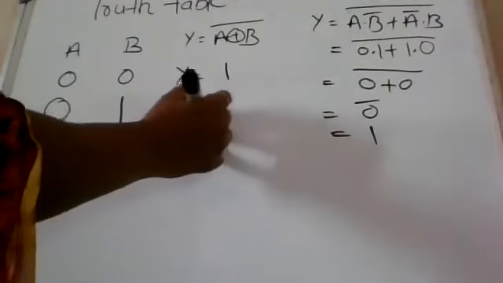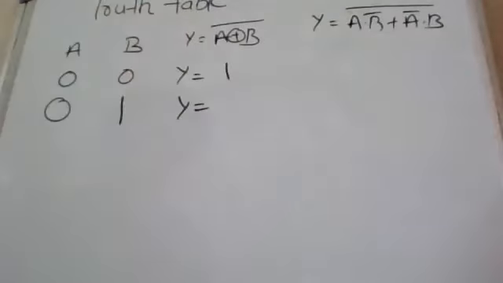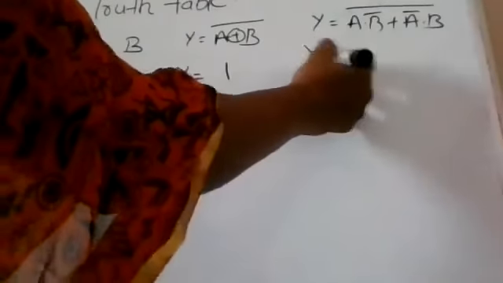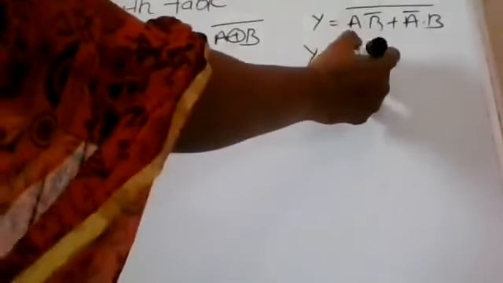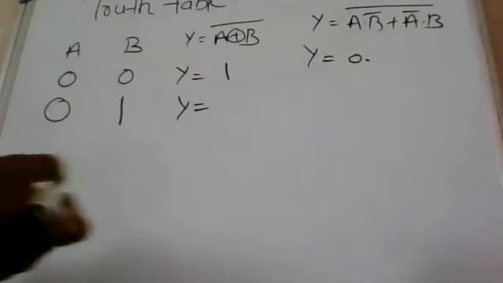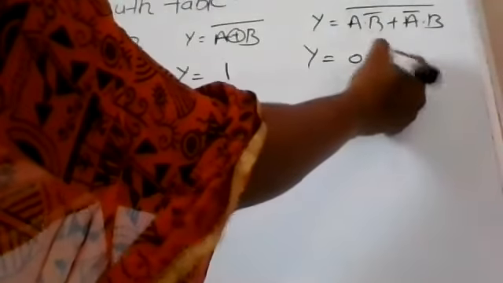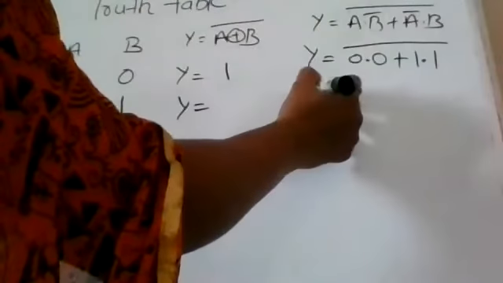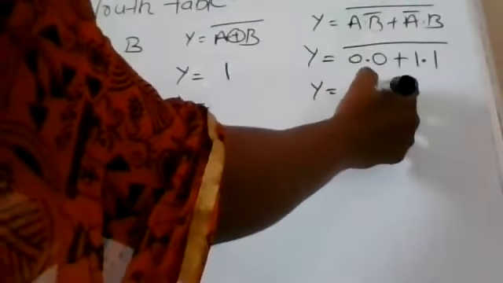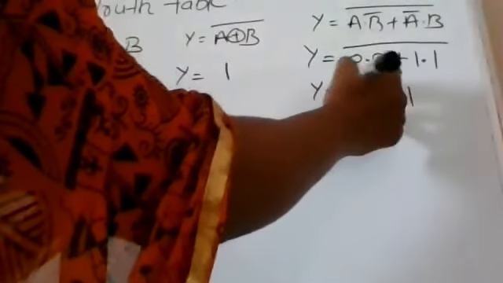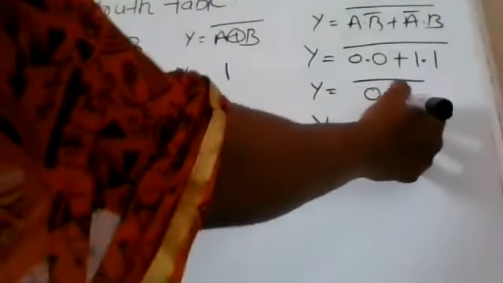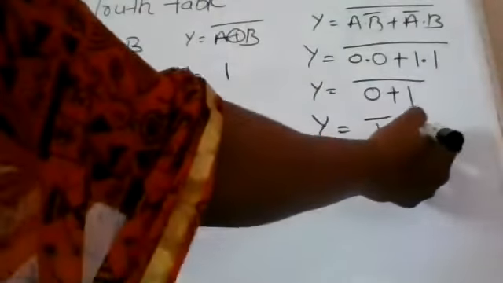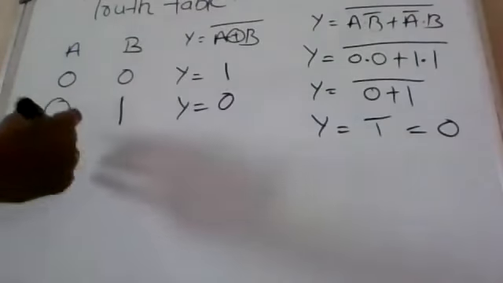In the second case, A input is in 0 condition, B is in 1 condition. What is the output? y equal to A, which is 0, dot B complement, 1 complement 0, plus A complement, 0 complement 1, B means 1, whole complement. y equal to 0 dot 0 is 0 plus 1 dot 1 is 1, whole complement. y equal to 0 plus 1, 1 complement, so 1 complement equal to 0.